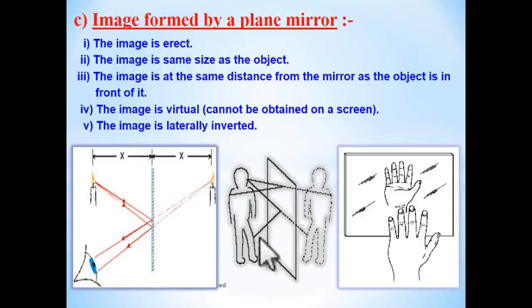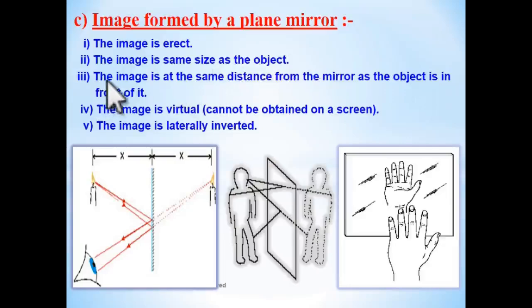So the image formation in case of plane mirror will be in this way. The image is erect. If we stand in front of the mirror, the image also will be standing there. So it is erect. The point number two is the image is the same size as the object. If the object size is 5 meter, the image size also will be 5 meter.